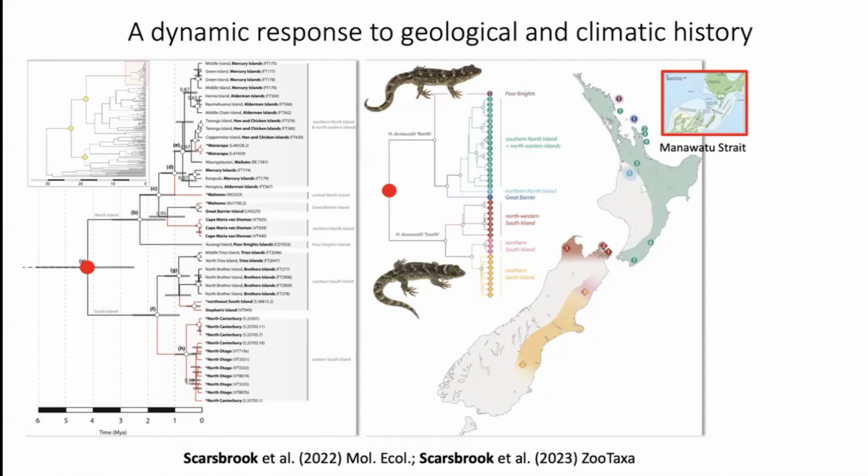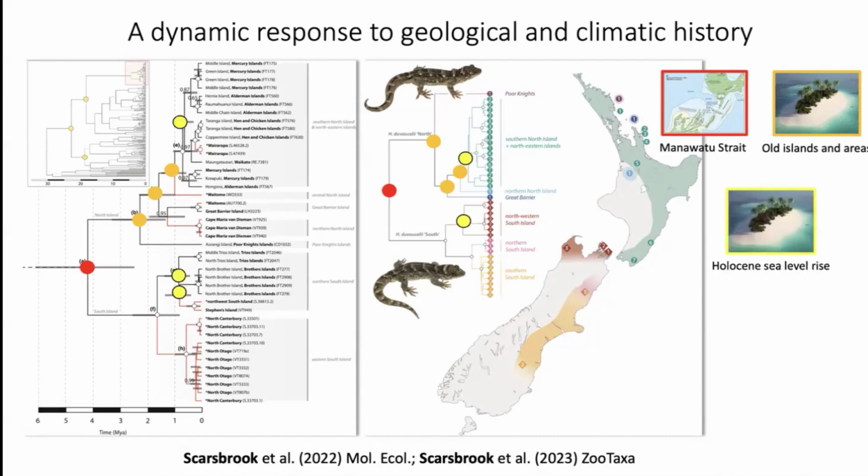and then was forced to build things like my wife's high school, the clock tower at the university, and several other places. In the North Island, we see these old lineages on old islands like the Poor Knights, Great Barrier, and old rugged areas like Waitomo or Northland. And we can see a whole lot of lineages trapped on islands with Holocene sea level rise.